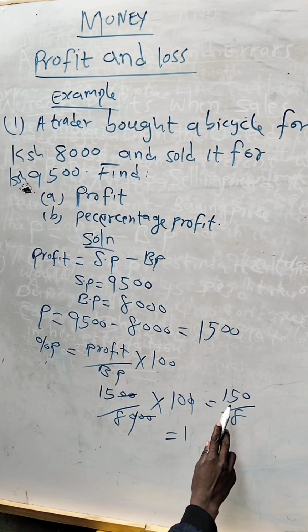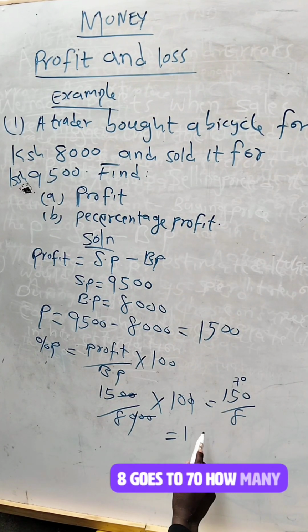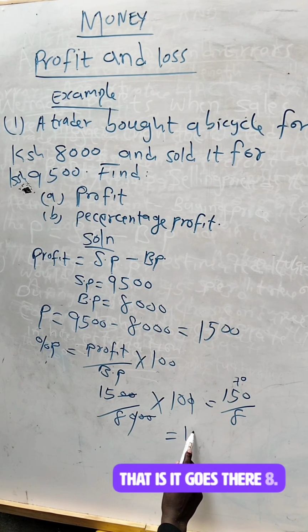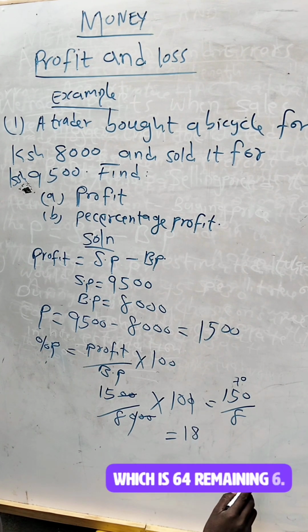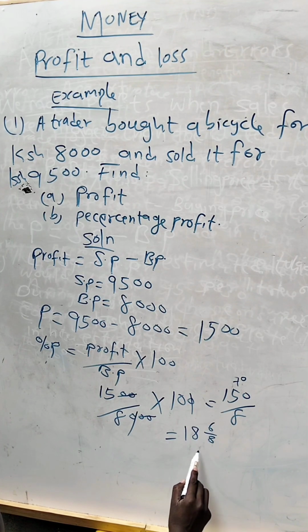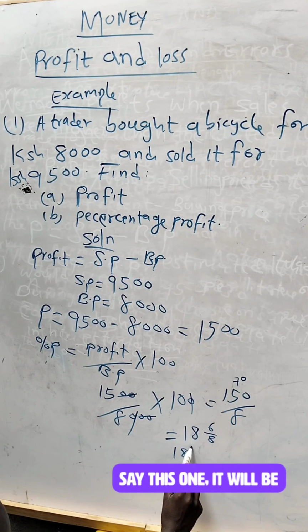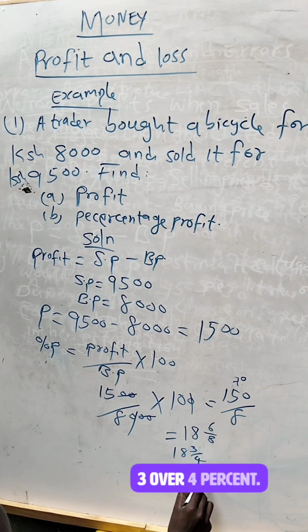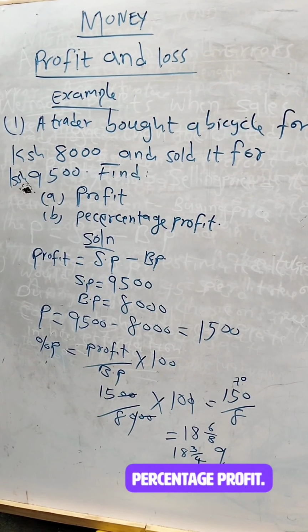Remaining 7, so we have here 70. 8 goes into 70 how many times? It goes there 8, which is 64. Remaining 6 over 8. If you cancel this, it will be 3 over 4%. So that is the percentage profit.